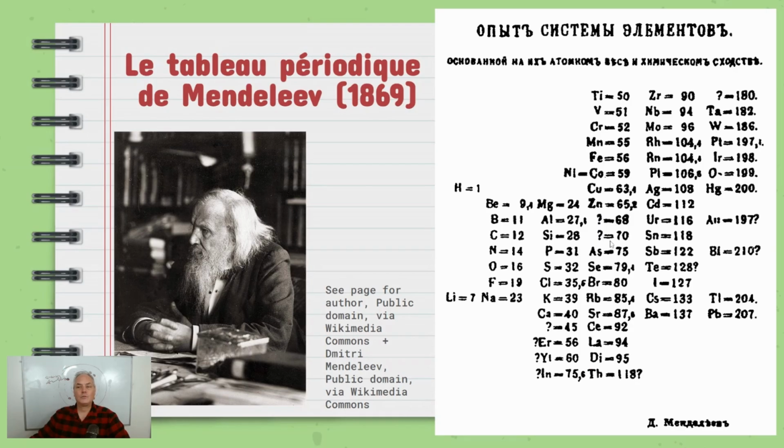So he was the first one to say, okay, I use science and what I know about matter to predict that some atoms, some new substances, have not been discovered yet.